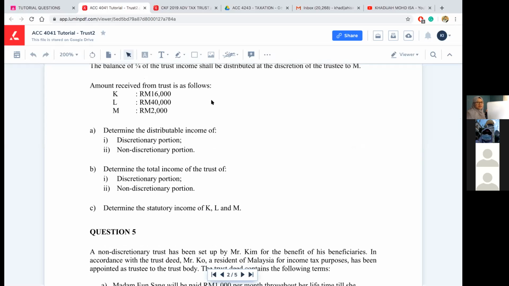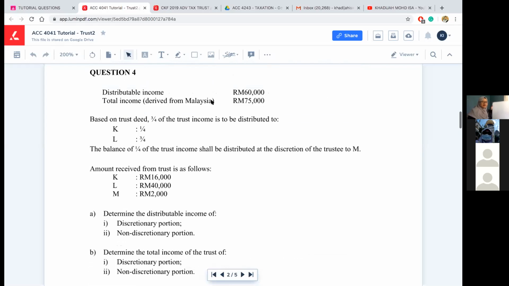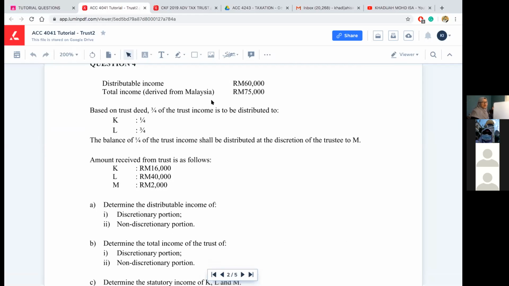We wanted distributed income first, right? And then determine the statutory income of K, L, and M. So in this question, you don't have to compute from the very beginning. What you can do is have total income here, distributable income here.